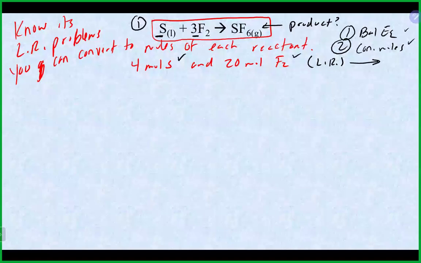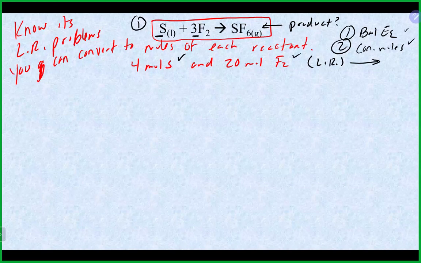So to do this calculation, you could choose either reactant once it's in moles. And what you're going to basically do is just a little calculation to determine, if I want to use up all of one of the reactants, how much of the other one do I need?